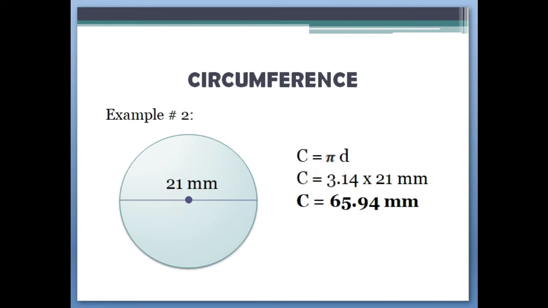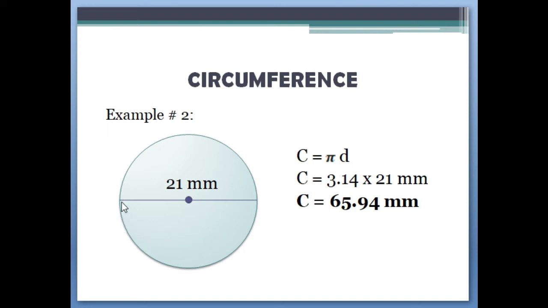Let's proceed. For example number 2, we have this circle na may given measurement na 21 millimeters or 21 mm. Ngayon, identify muna natin whether the given number or the given measurement is either diameter or radius. Now, tingnan nyo mabuti yung figure natin.